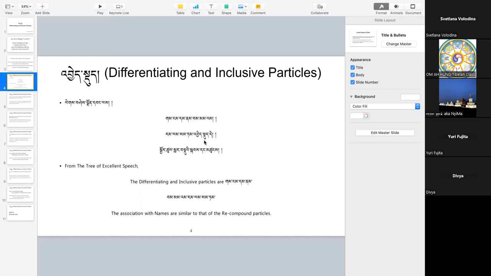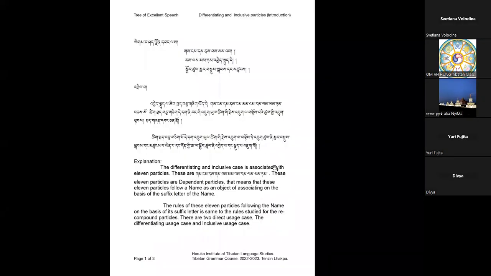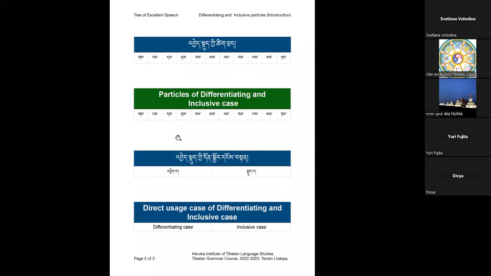So in the PDF, you can also see the usage case. Okay, so let us go there. So if you check the PDF, you'll see here. First, we have the particles of differentiating case and inclusive case.